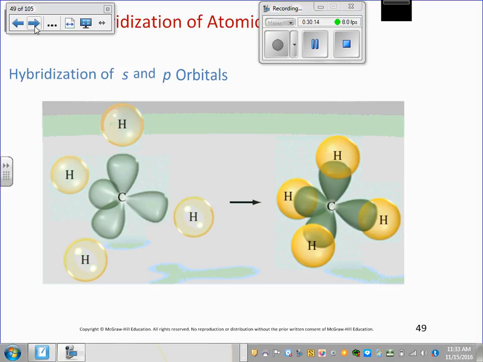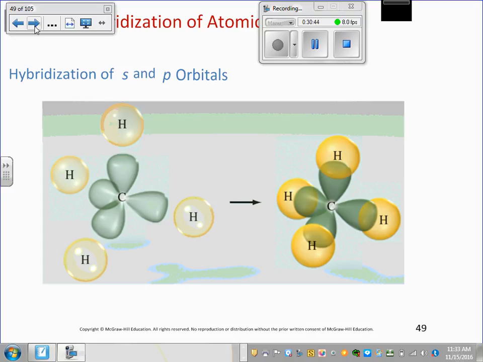Well, we're going to go on because when we get to the third row, we have 3s, 3p, 3d. So if I wanted, remember we had AsF5, the exception to the octet rule, I want 5 unpaired electrons, right?